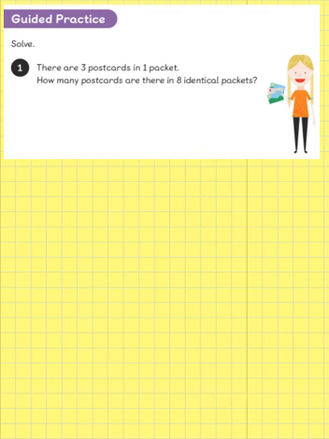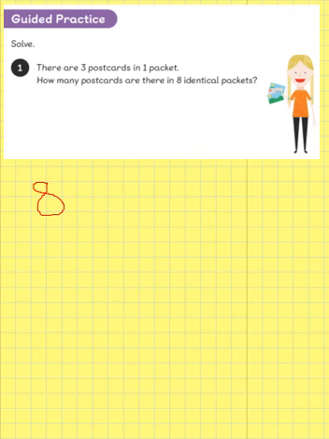So we're going to have a look at this problem together, and we're going to answer it together as well. There are 3 postcards in one packet. How many postcards are there in 8 identical packets? So here the question's asking me how many there are in 8 identical packets. So the answer is going to involve something to do with a multiple of 8.